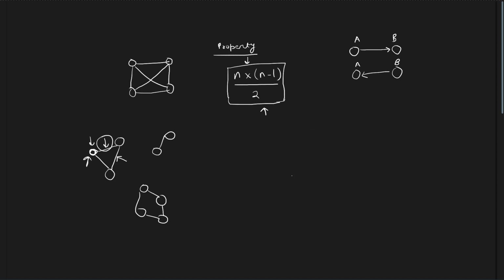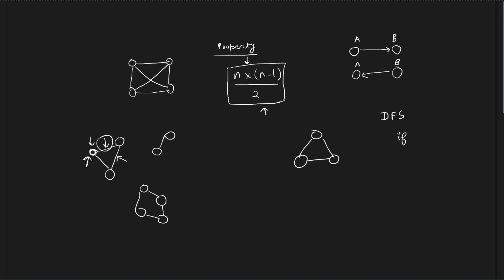For example, you might think we can just do a simple DFS and increment our edges counter whenever we visit a new node. So for example, if this is your DFS function, I'm just writing the pseudo code.